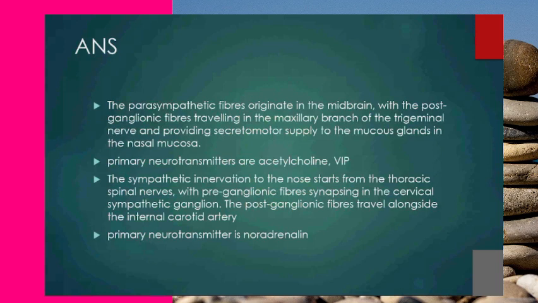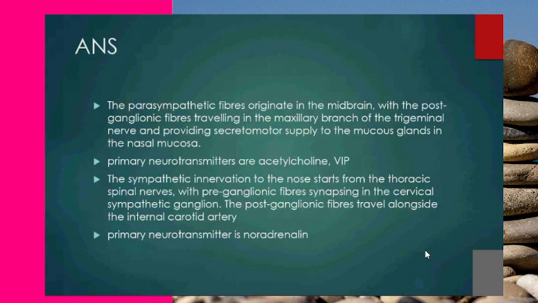You know that there are parasympathetic fibers and sympathetic fibers. The parasympathetic fibers originate in the midbrain with the postganglionic fibers traveling in the nasal branch of the trigeminal nerve. So this provides the secretomotor supply to the mucosa.